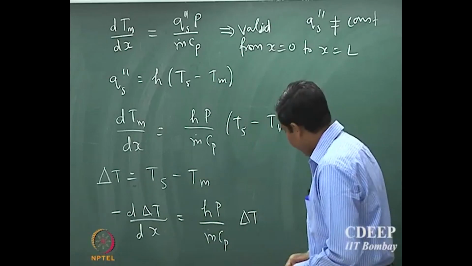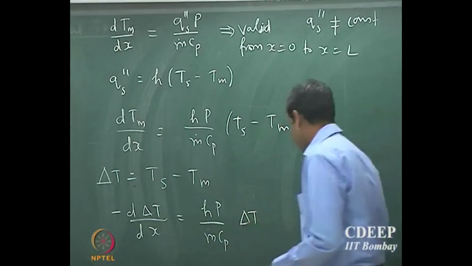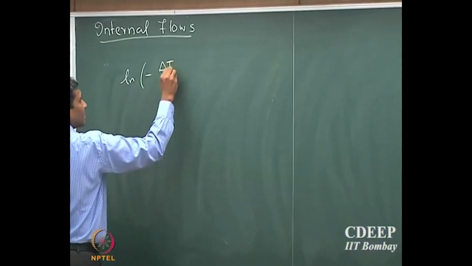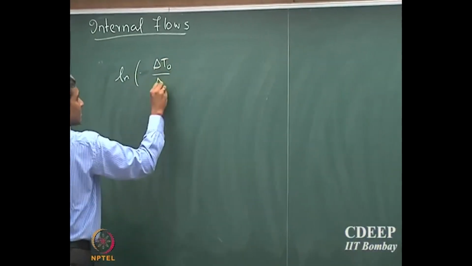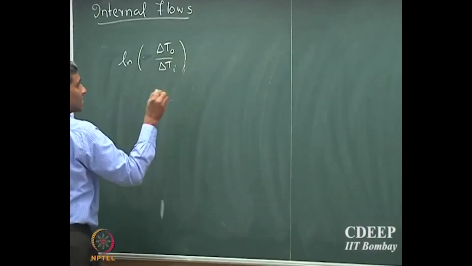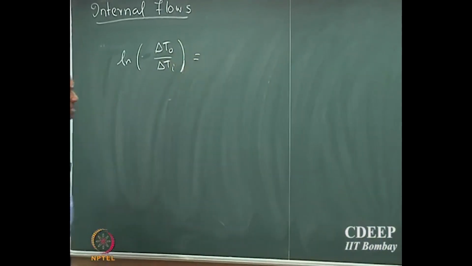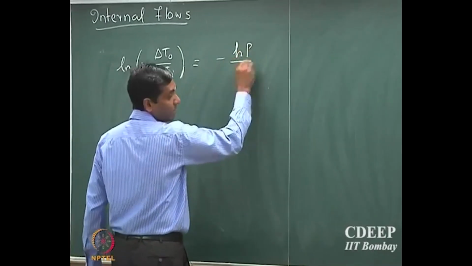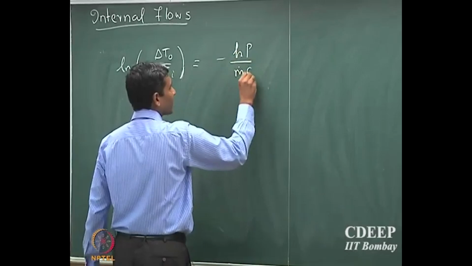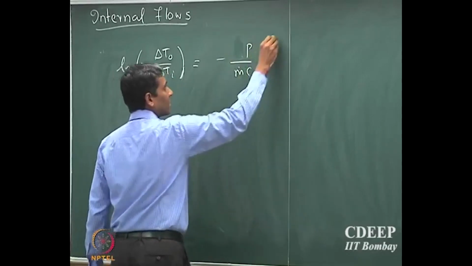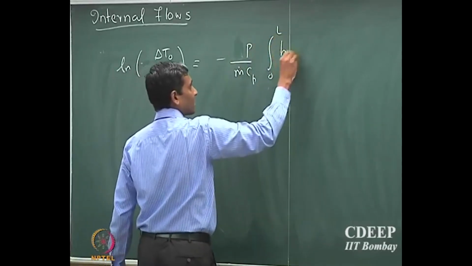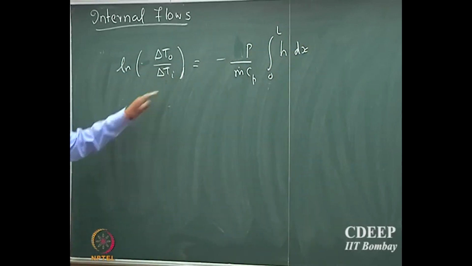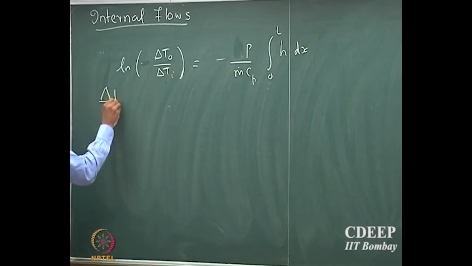So, now I can integrate this expression here, ln of delta T naught by delta Ti is equal to minus hP by m dot Cp.